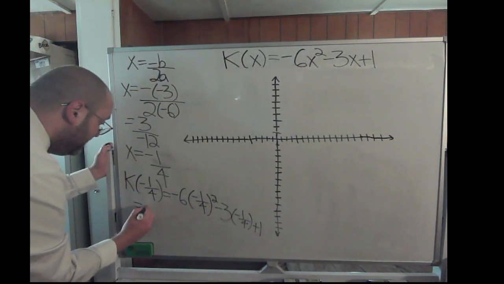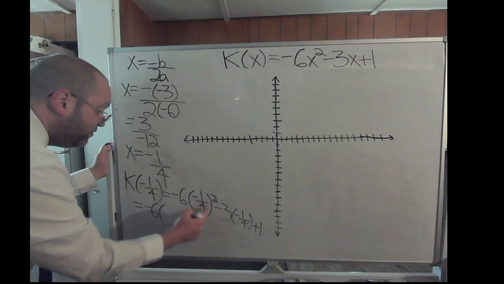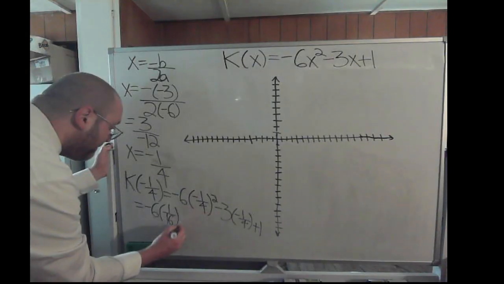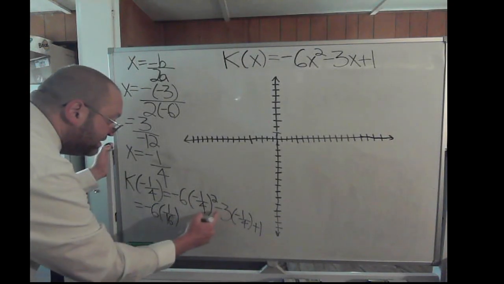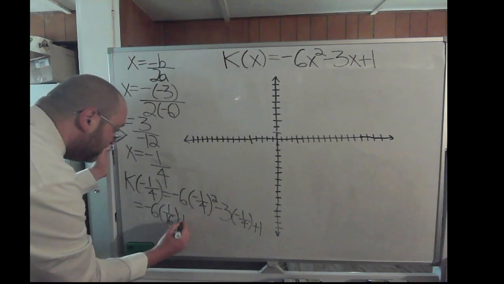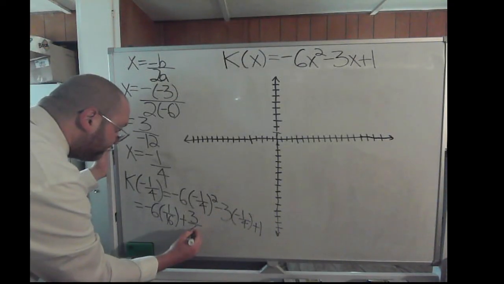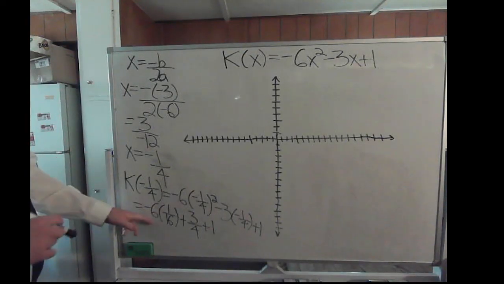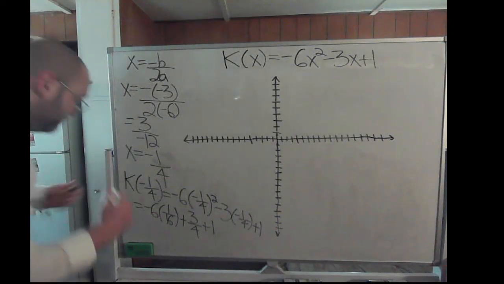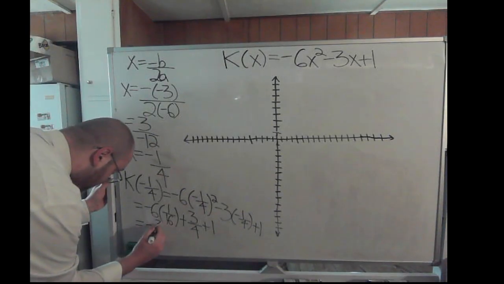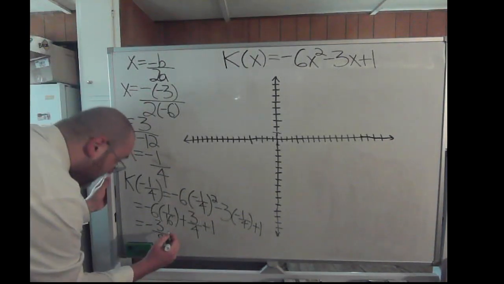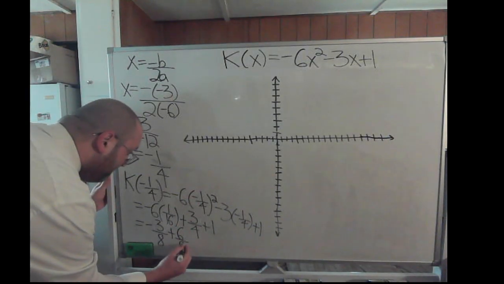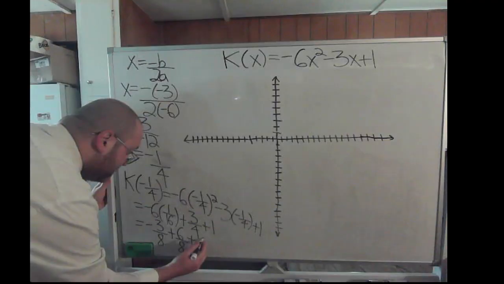So let's see, negative 6 times negative 1/4 to the second, that's going to be negative 6/16, which reduces down to negative 3/8. Negative 3 times negative 1/4, that's plus 3/4, plus 1. So you would have negative 3/8. Alright, you have 3/4, that's 6/8. Plus 1, well, that's 8/8.